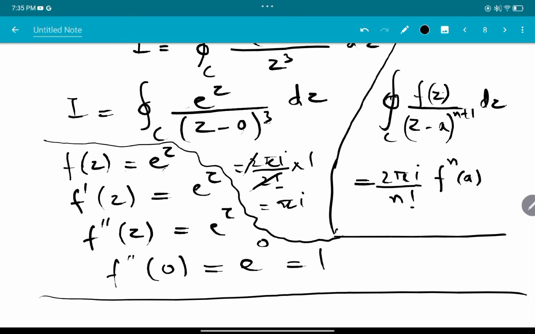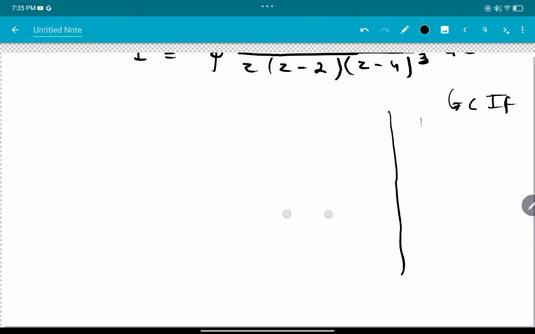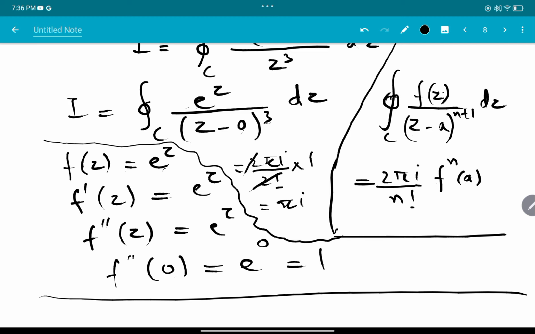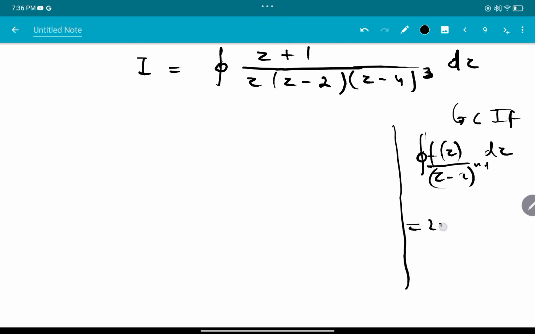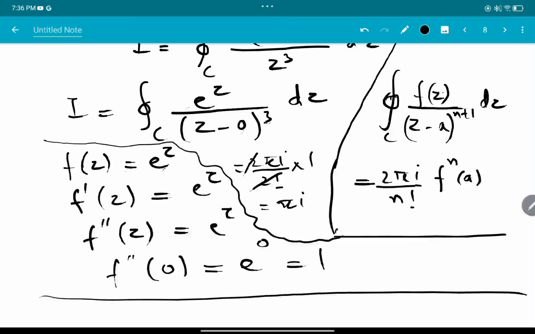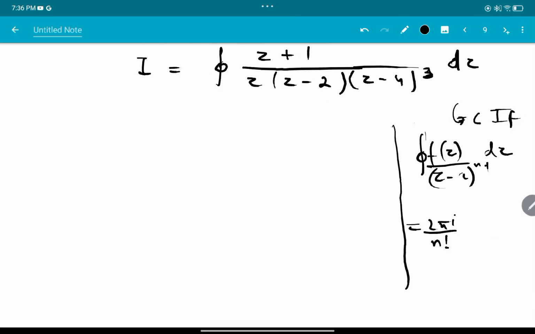The integral over C of f(z) divided by (z minus a) raised to n plus 1 dz is equal to 2 pi i by n factorial into f^(n)(a).